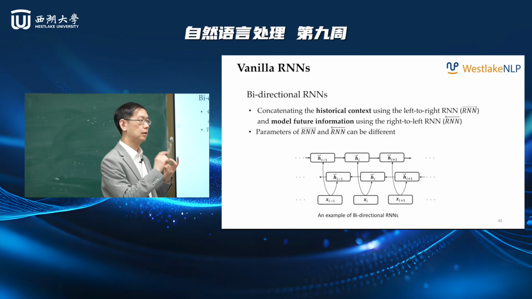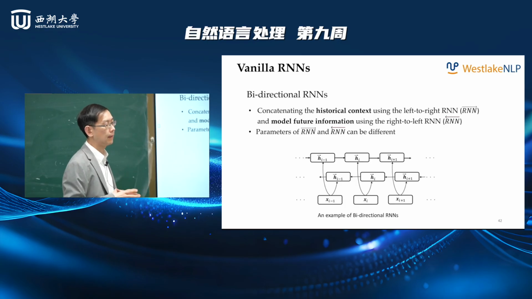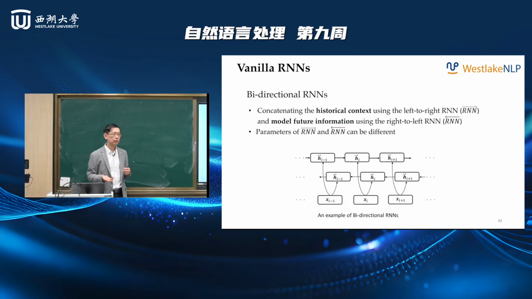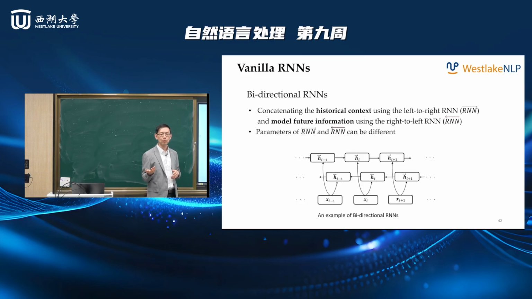The first word, the first two words, the first three words until the whole sequence. But you don't have any information about the last word, last two words, last three words until the beginning, right?